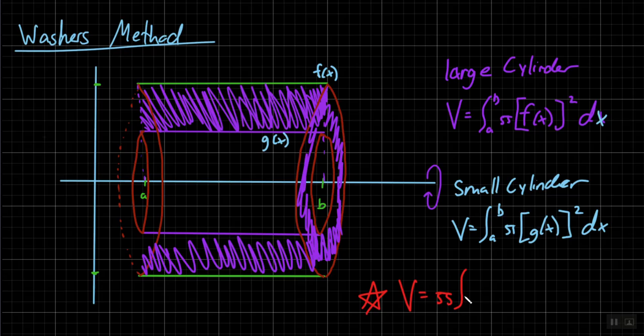You can put it on the outside because it's going to be a little funky if you put it inside. The integral from a to b. Which one should go first, large or small? Large goes first. Of f of x squared minus g of x also squared, and dx at the end because we're going around the x-axis.